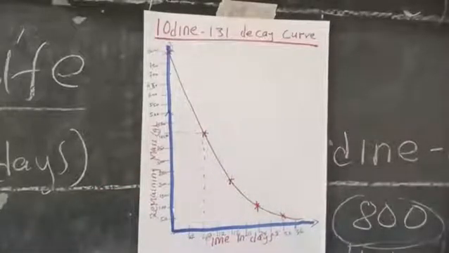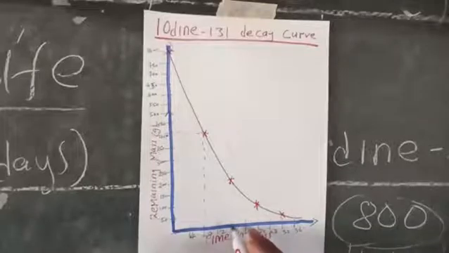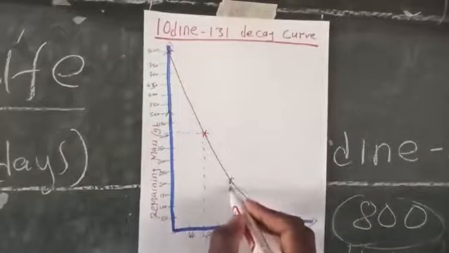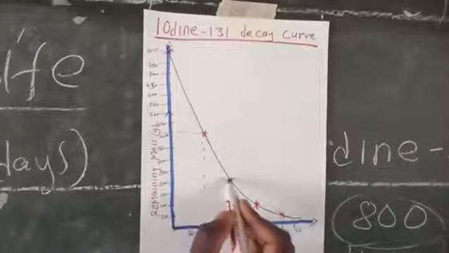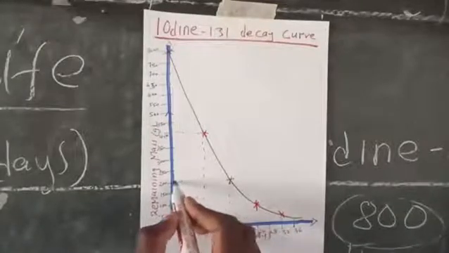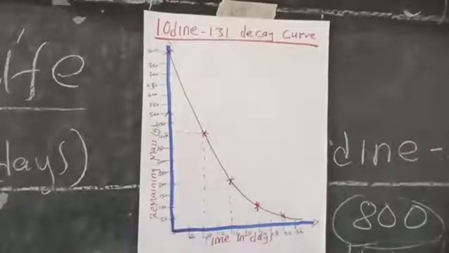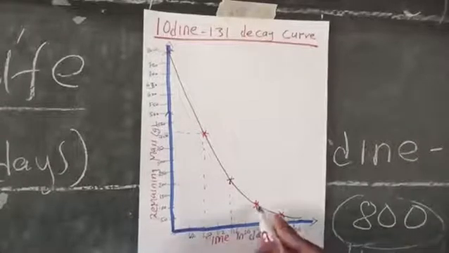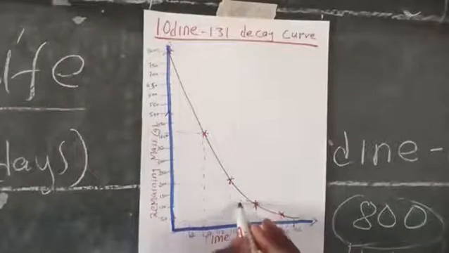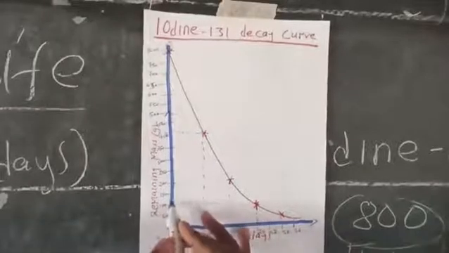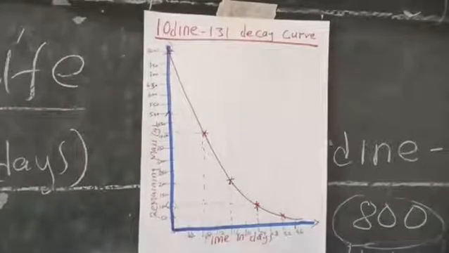If we move to 16 days here, the amount that is remaining, we are able to see, is 200 grams. If we move to 24 days, the amount that is remaining is 100 grams.